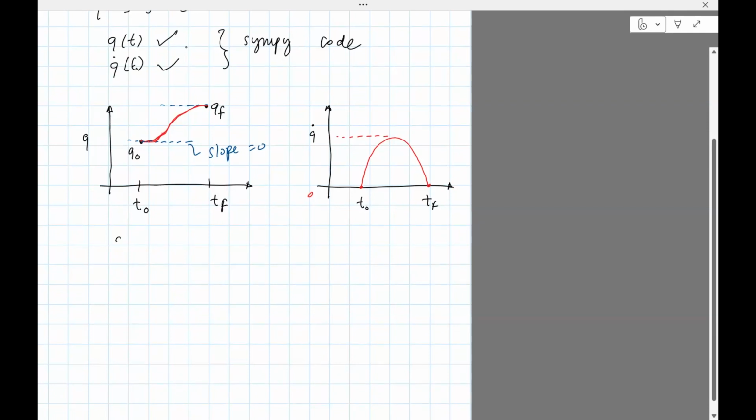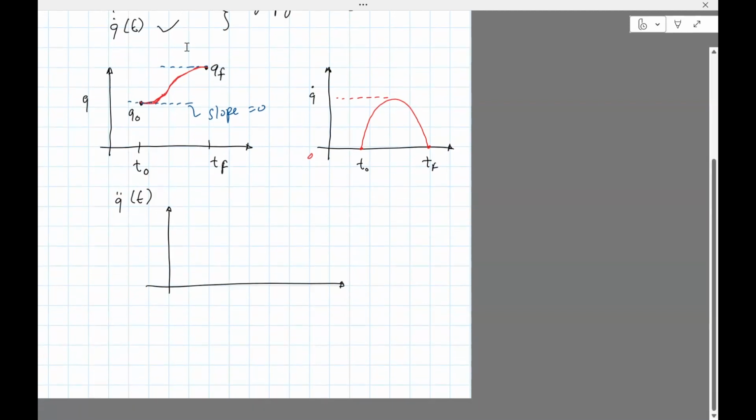However, if you look at Q double dot of t, which by the way I've not written down here because that equation is kind of complex to solve, you will see that the curve will look something like this.